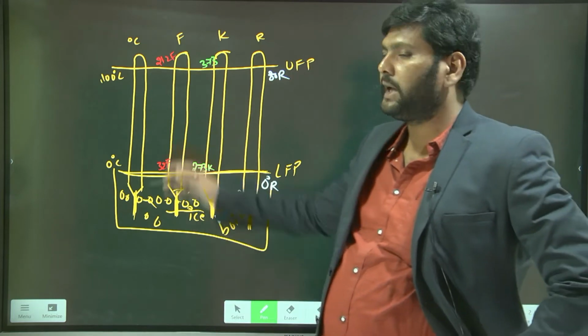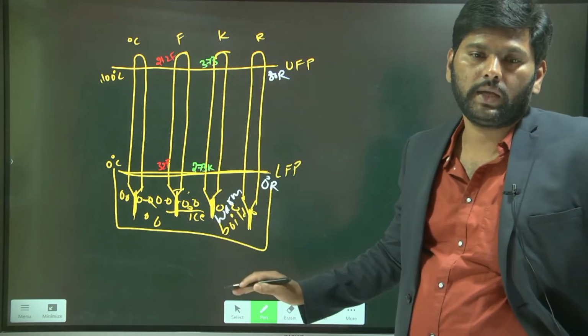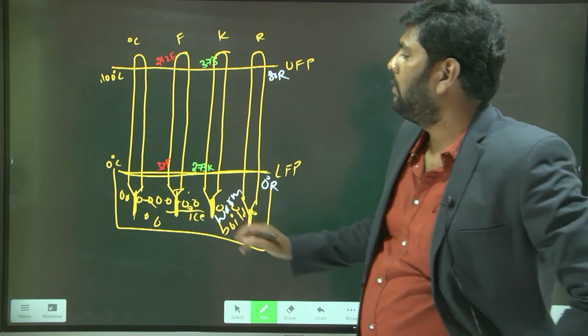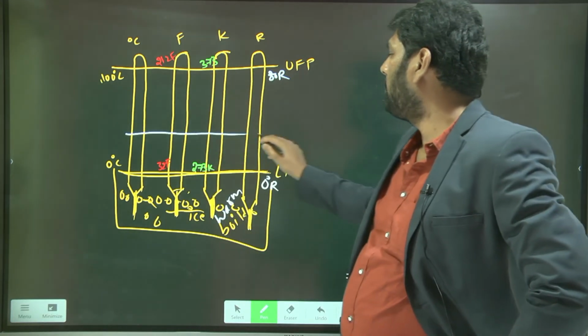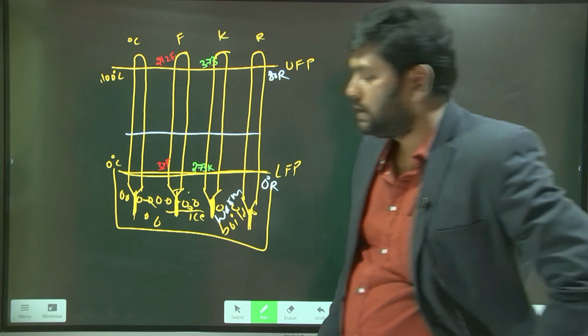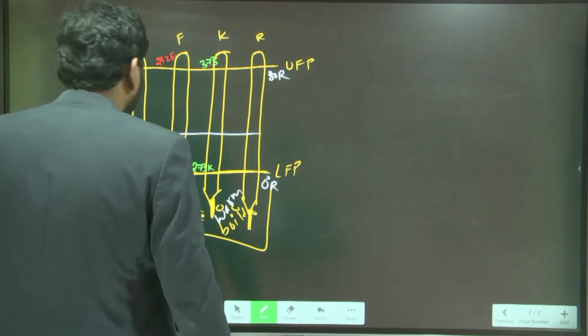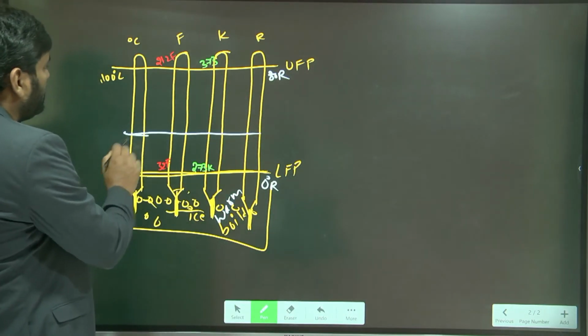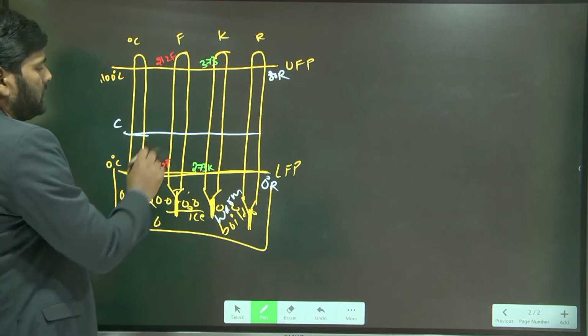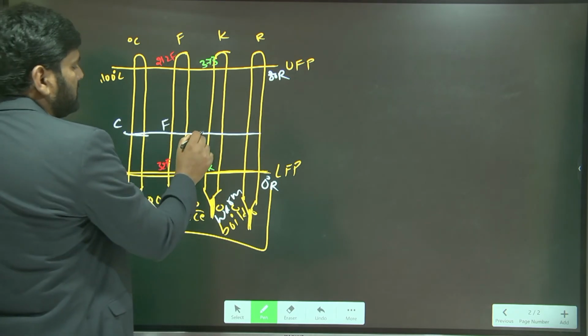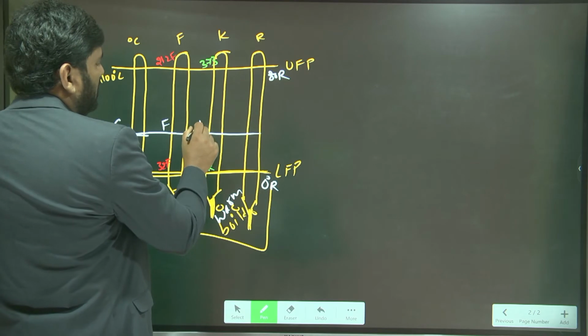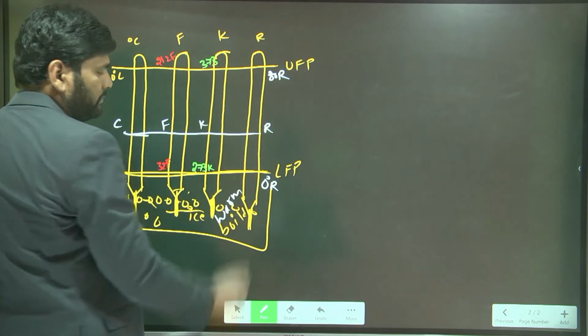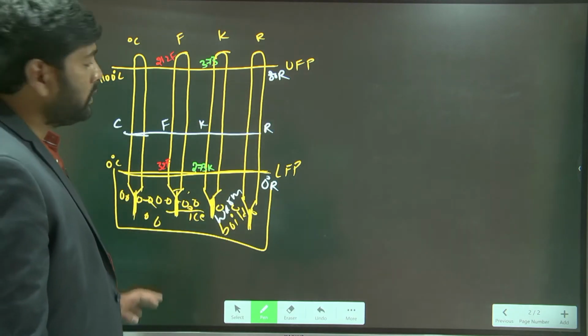It does not rise to the highest, and it can't go to the 0 level either. Yes or no? It would be at some level here. When it rises to some level here, this reading on the Celsius scale I can take as C, this as F, this as Kelvin, and this as Raman. Understand?